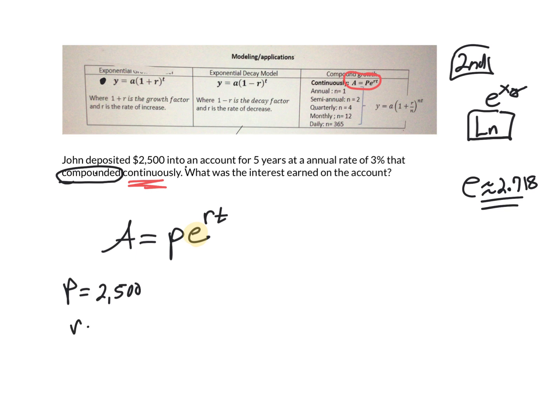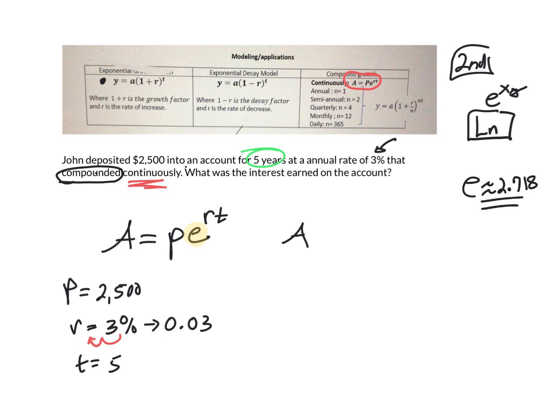So our r in this problem is 3%, right? So our r is 3, and therefore we've got to move the decimal twice to the left. So we've got to put a placeholder there. 0.03 is our decimal, and the time is 5 years. So we're going to keep it in there for 5 years.